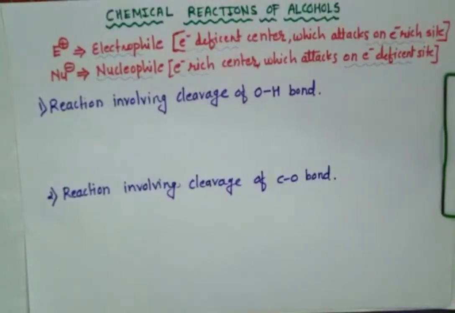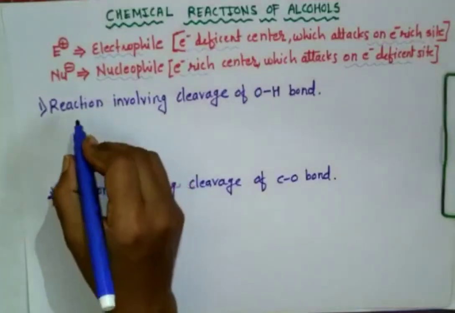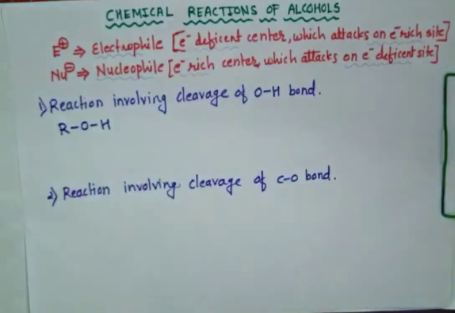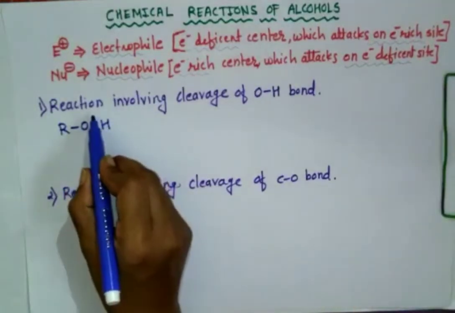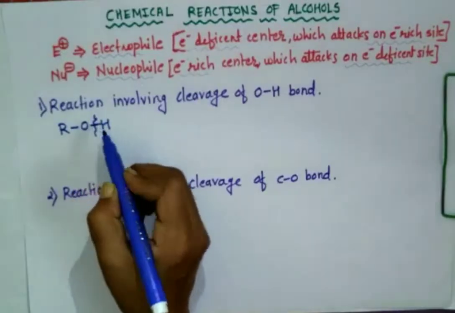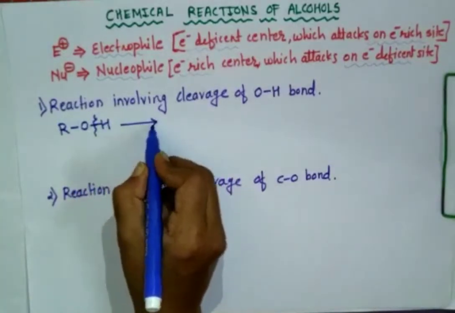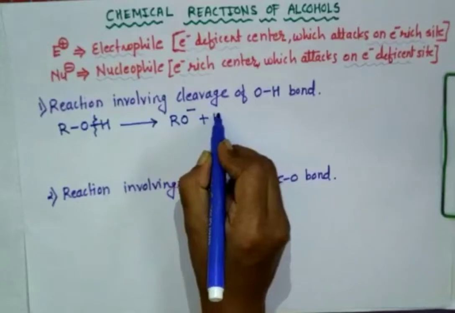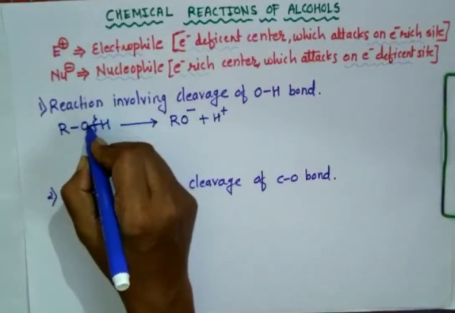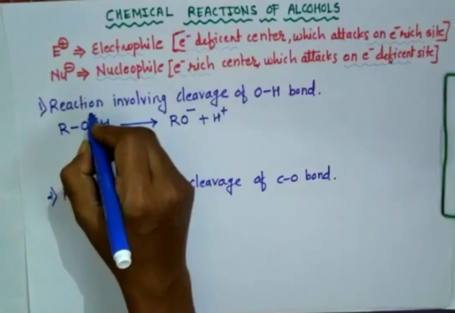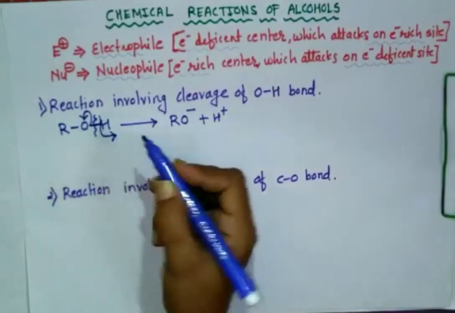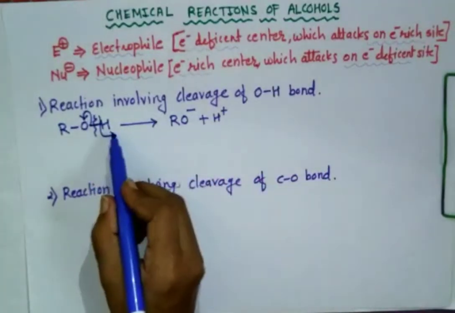So what happens when there is a breaking of the OH bond? Generally we write alcohols with the general formula ROH. Breaking of this OH bond means it will form two species, RO minus plus H plus, because the pair of electrons formed between these atoms is taken by the oxygen, and the hydrogen, without electrons, easily gives H plus.